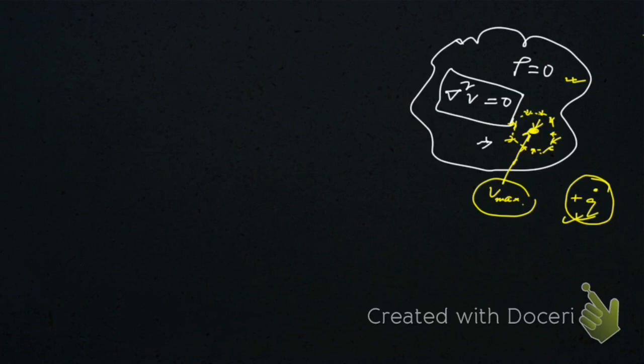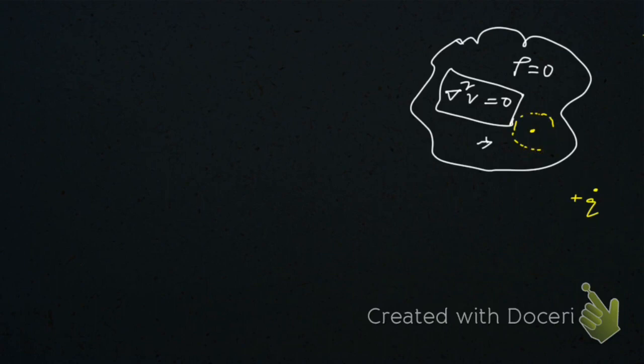Now let us take a situation. The potential at the surface, at the boundary, is specified, that is, its value is fixed and given.